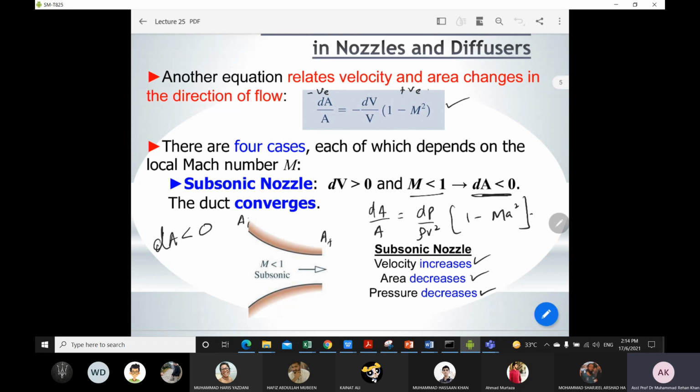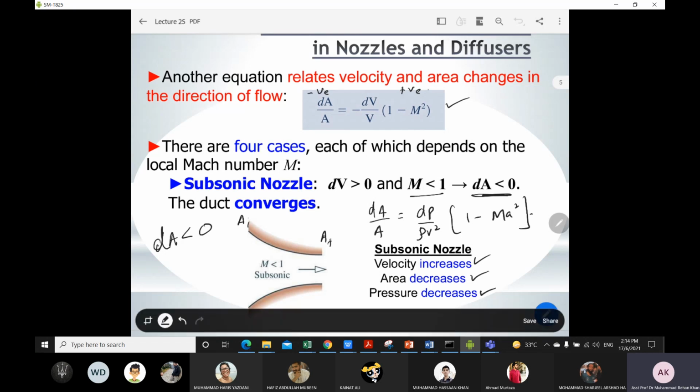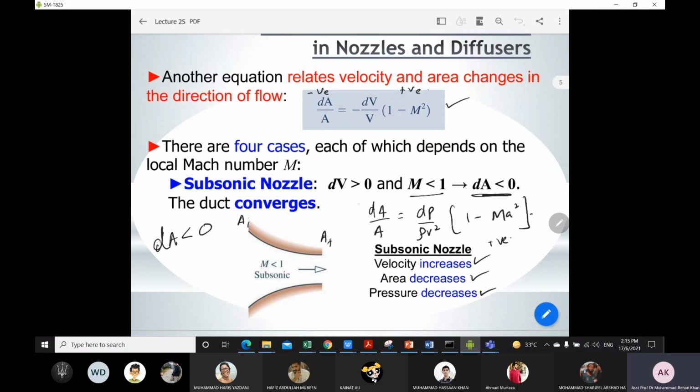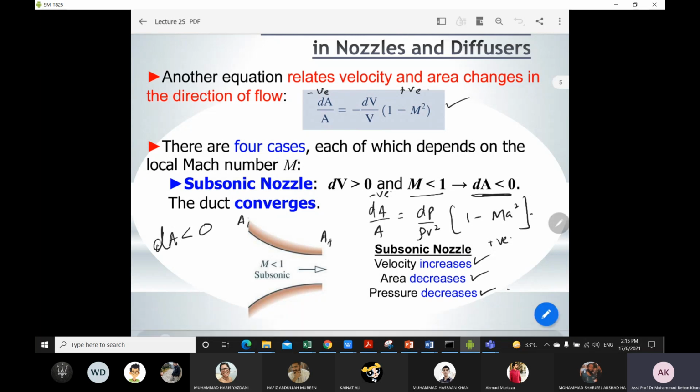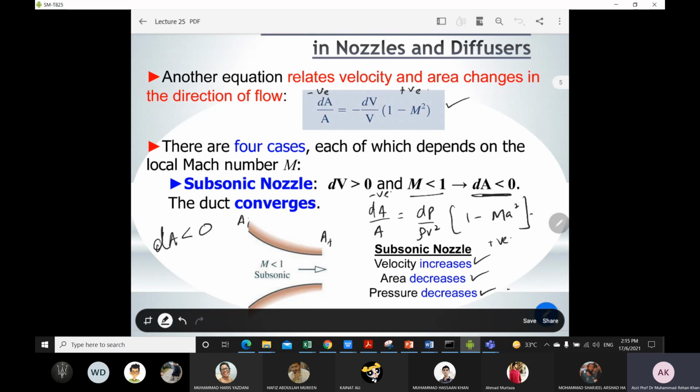So from there you can also easily judge that with the change in area and with the Mach number less than 1, your dp becomes less than 0. Okay, so your pressure decreases. For example, this term becomes positive and dA is negative. So if this is negative and the rest is positive, dp is less than 0. Okay, so this is your case for the subsonic nozzle.